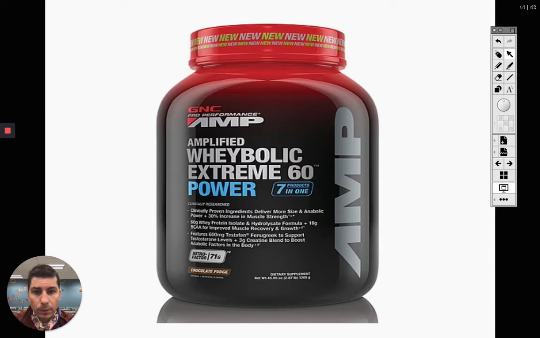Okay, cool. Here's the problem. Your body cannot really synthesize 60 grams of protein at one time. You can synthesize maybe 40, maybe 50. And this stuff's expensive. It's like, I don't know, $70 for one of these things. So, you know, you don't want to waste any.